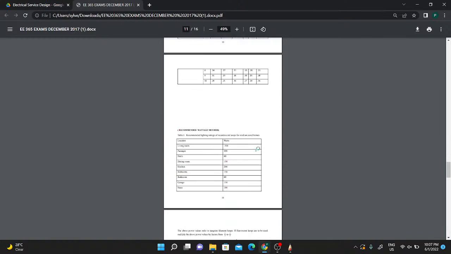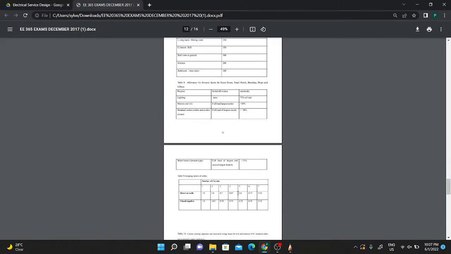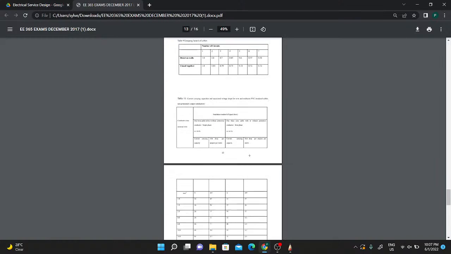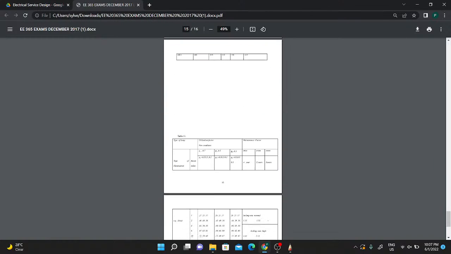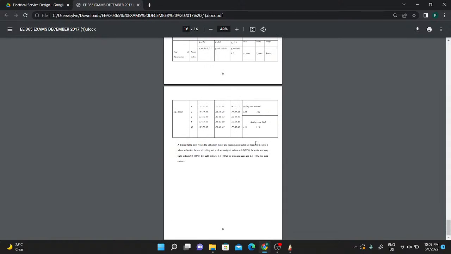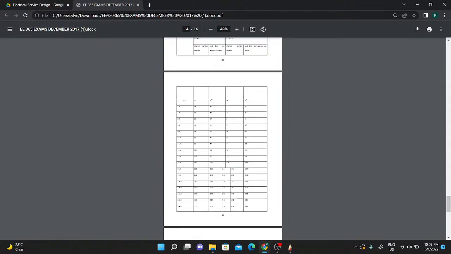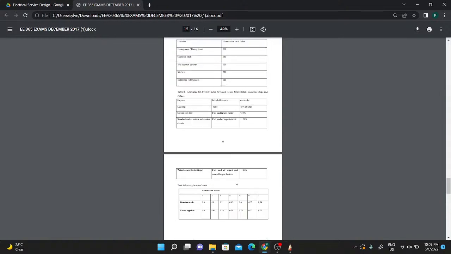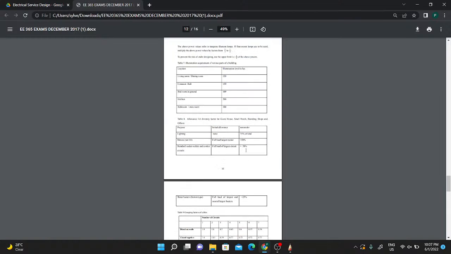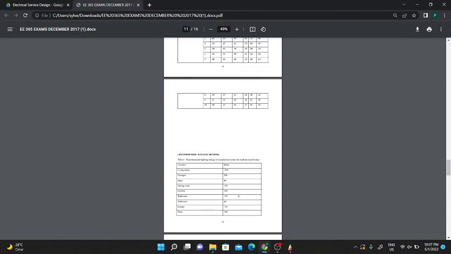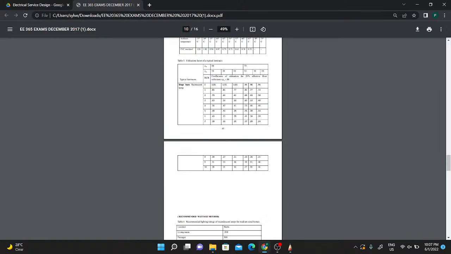So we look for a table that has row FC of, let me zoom in now.